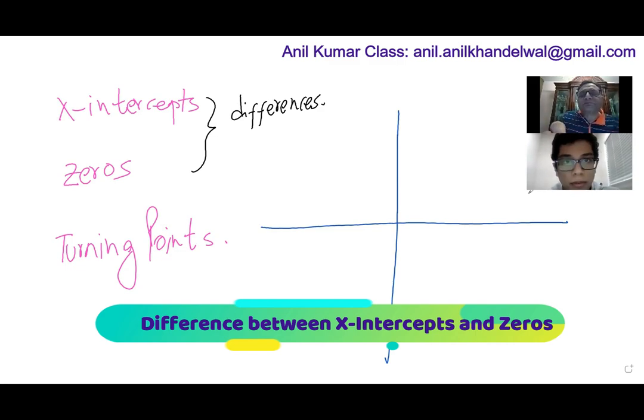Let me tell you one thing. X-intercepts are real zeros. So basically, if I have, for example, a quadratic equation, let's say we have x squared plus 1 times x squared minus 1. Do you see this equation, right? How many x-intercepts will this have?